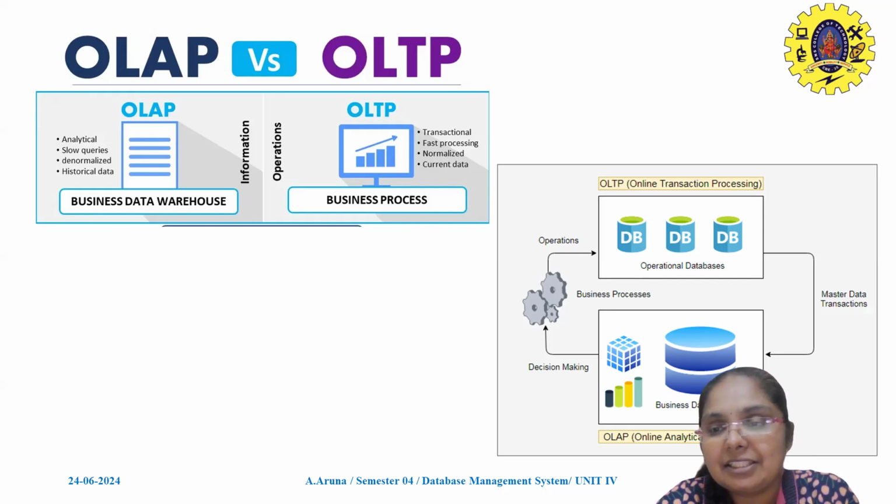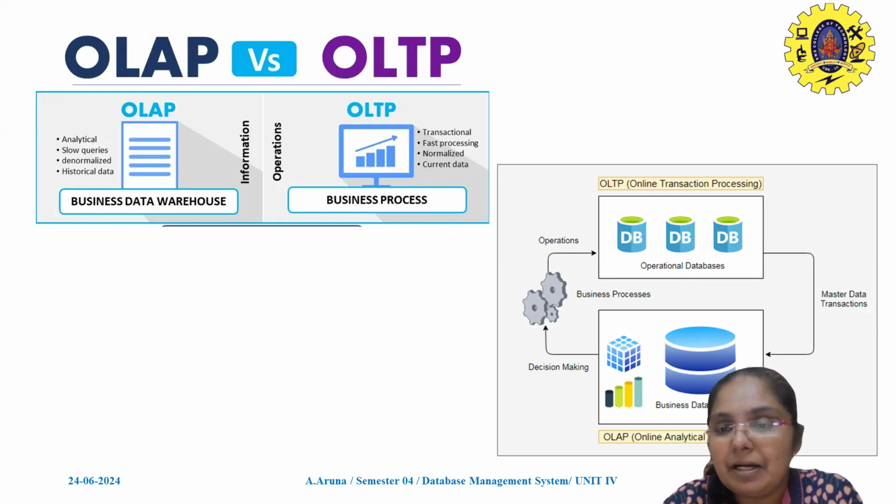All your transactional processing will come under online transactional processing. So this is a best example of a transaction. Transaction is nothing but some operation performed between two end systems or between two persons. That can be called a transaction.